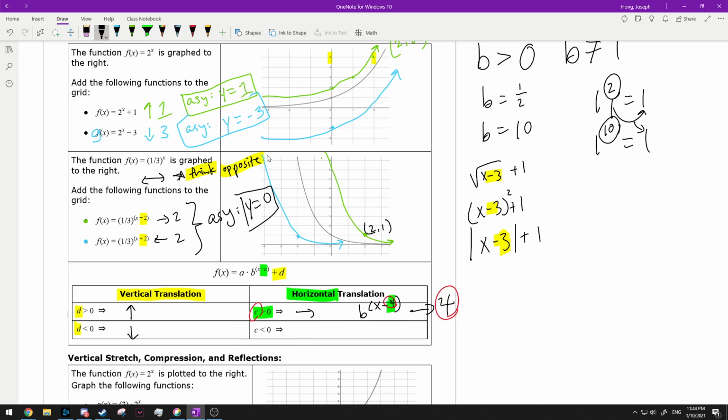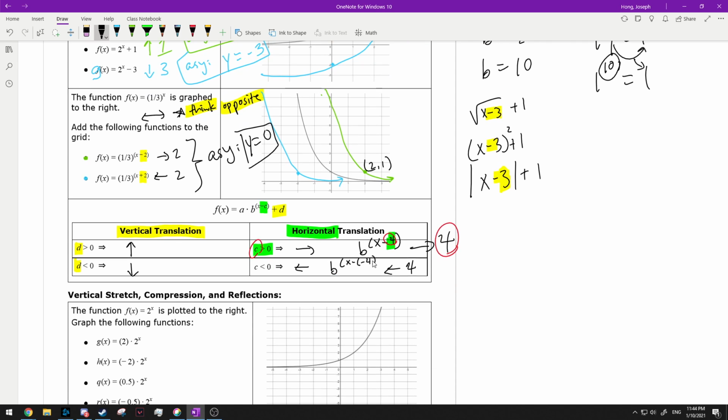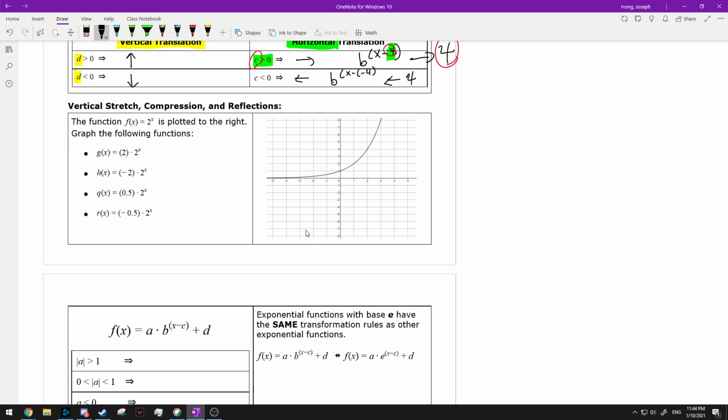So if C is less than 0, it would move to the left. Because if I do b to the power of x plus 4, or x minus -4, it would move it to the left 4 units. So vertical stretch, vertical compression, and reflection, it's the same rules.